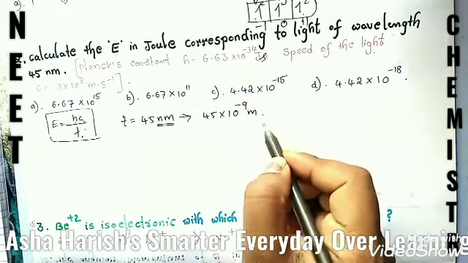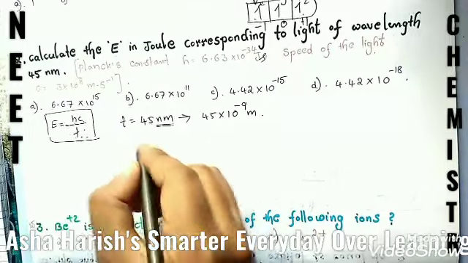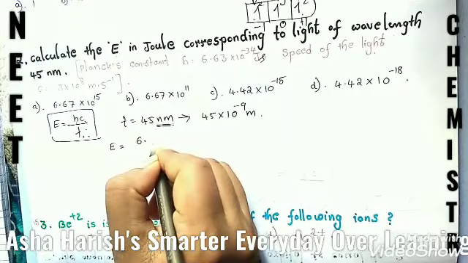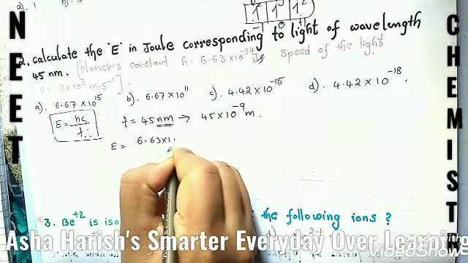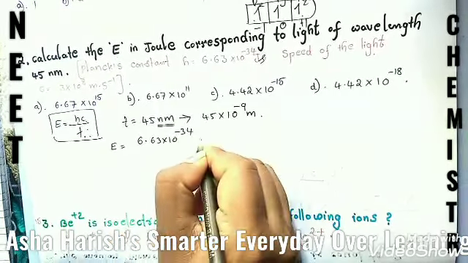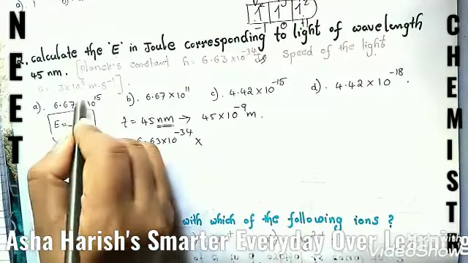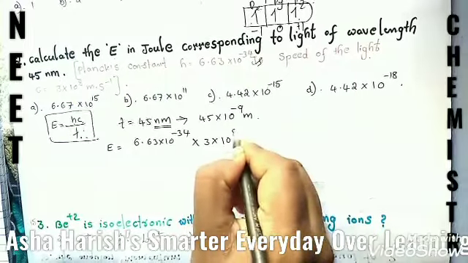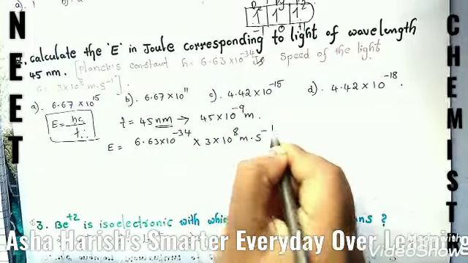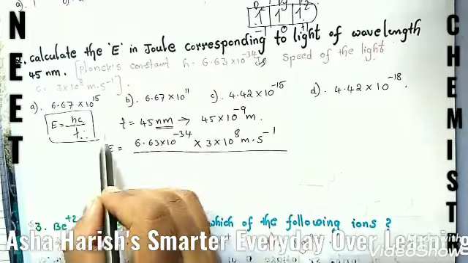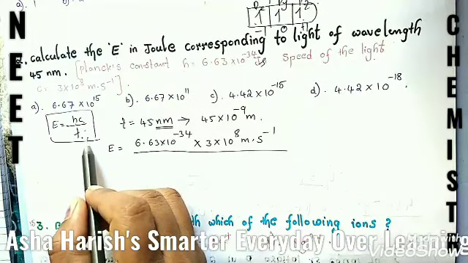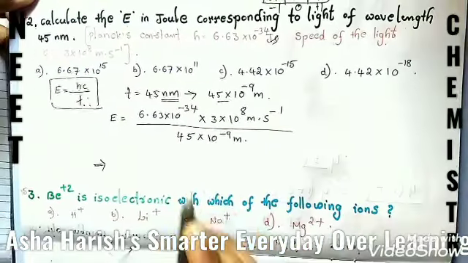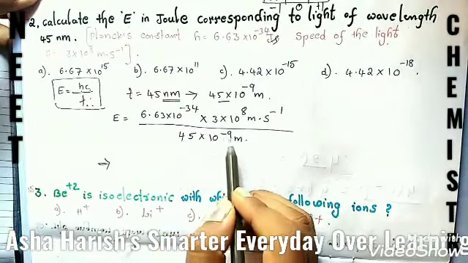On putting the given values in the equation, we will get E is equal to the Planck's constant 6.63 into 10 power minus 34, into the c value, that means the speed of light, 3 into 10 power 8 meters per second, by the lambda value, which is 45 into 10 power minus 9 meters.